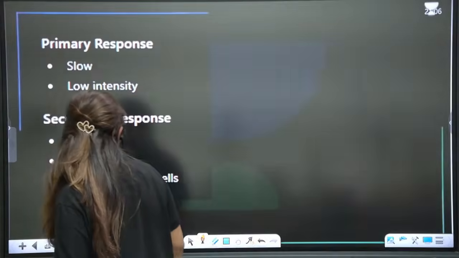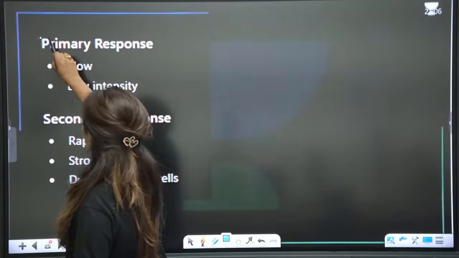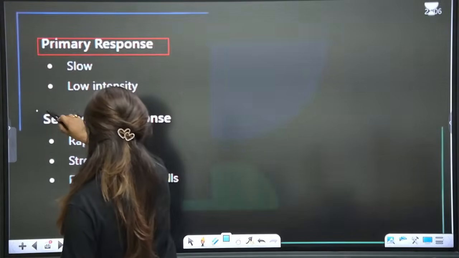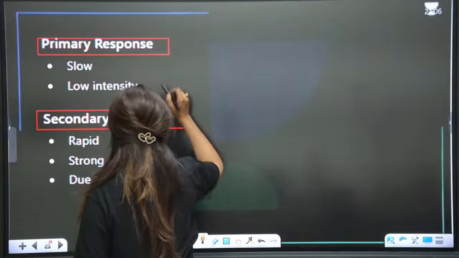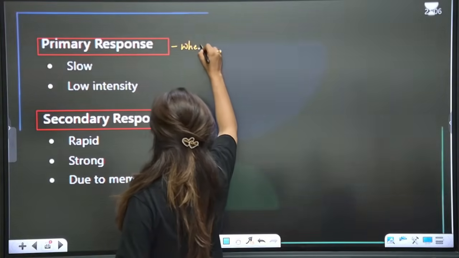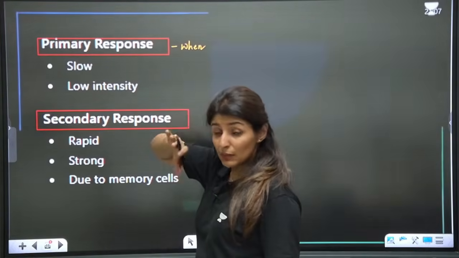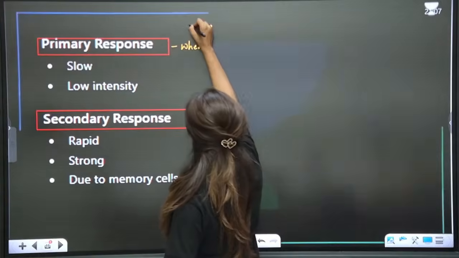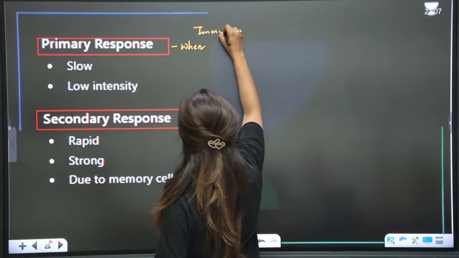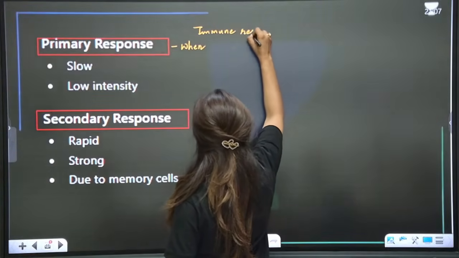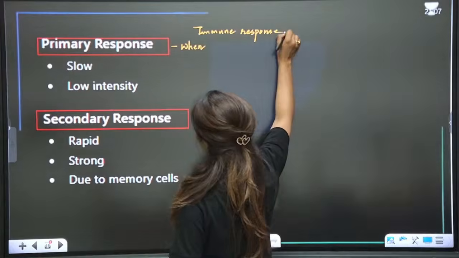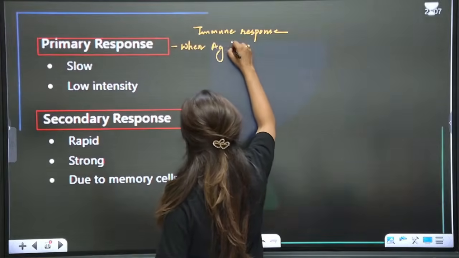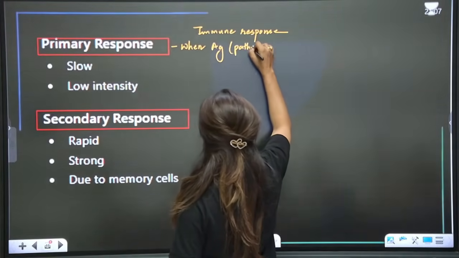Clear? Now talking about the responses, the primary immune response and the secondary immune response. Primary is the immune response when the antigen or the pathogen enters the body for the first time.